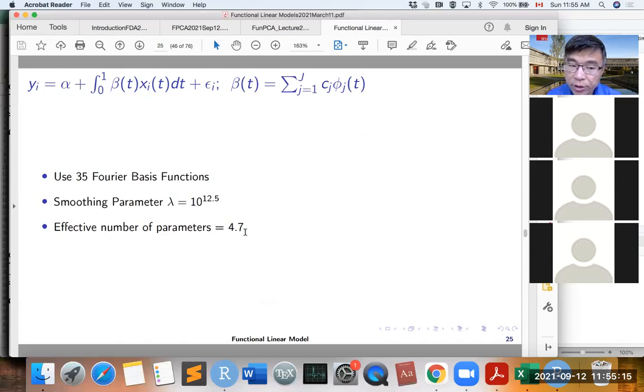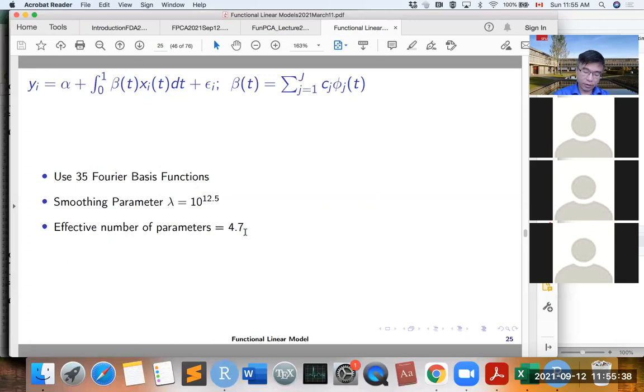In other words, when we use 35 Fourier basis functions and add in the roughness penalty, we only have an effective 4.7 basis functions. So this is a very good way to control the model complexity, right?